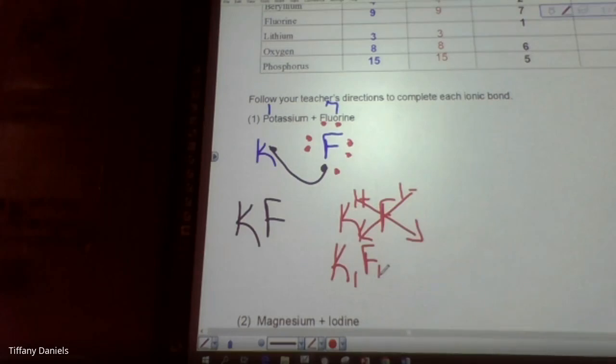So that's the second way. The first way is Lewis structure. The second way is crisscross. And once you crisscross them, remember the signs are no longer needed. Mathematically, it's happy.